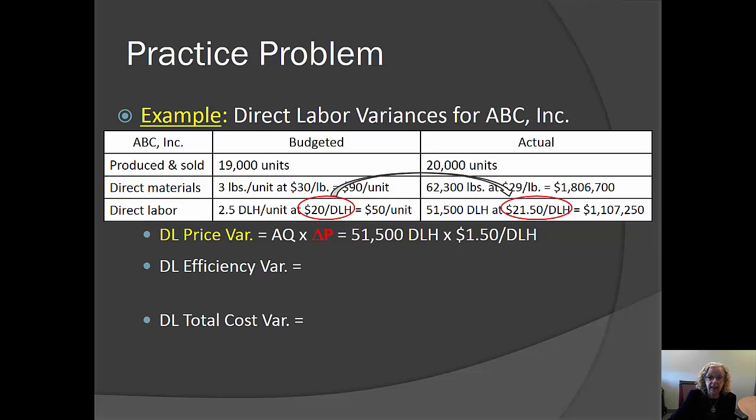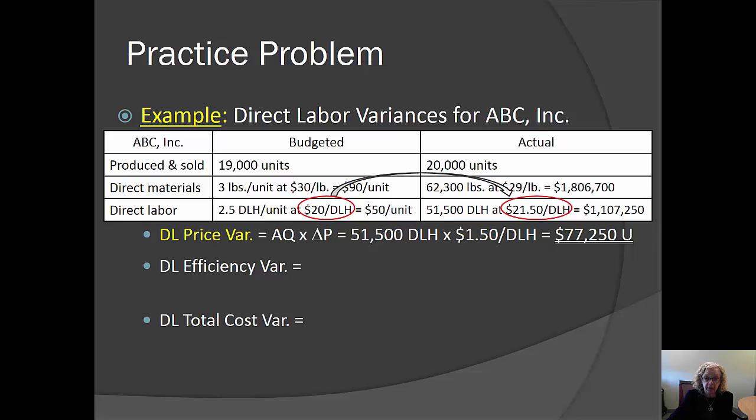And you can see very easily we must have paid an extra $1.50 per labor hour. So given the number of labor hours that we used, it ended up costing us an additional $77,250 for labor compared to what we would have budgeted for the number of units that we made.